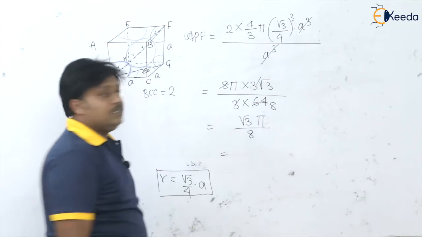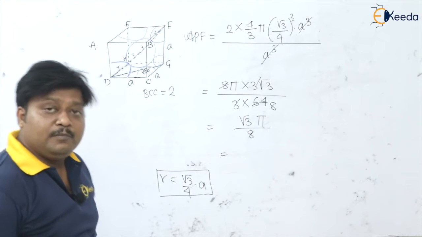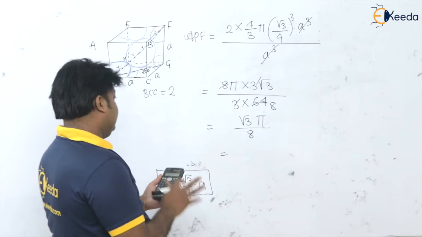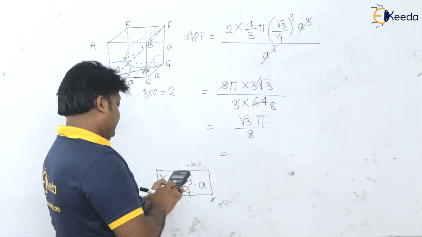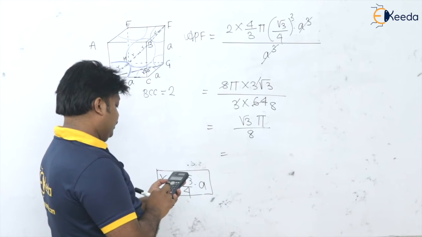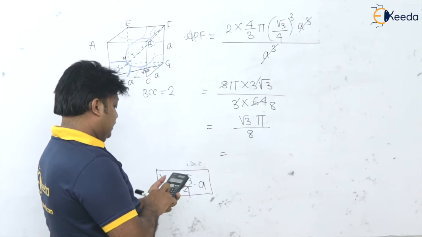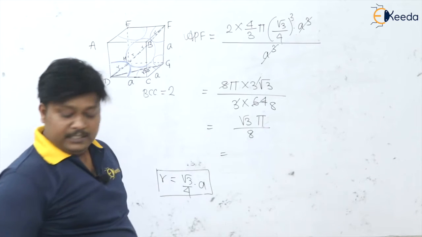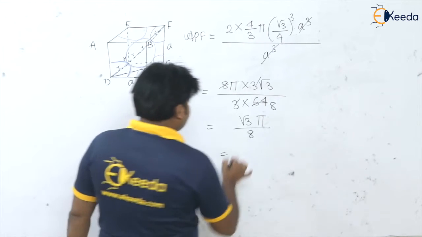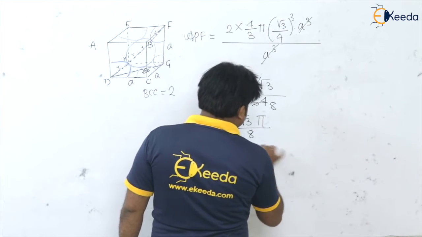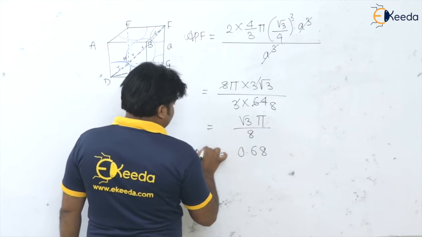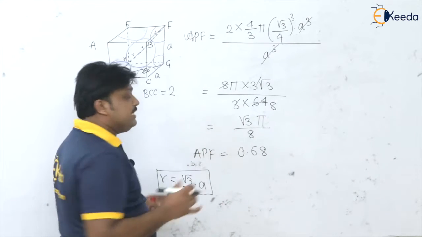So calculate this. You will get the value of the atomic packing factor for body centered cubic. This is root 3 into pi divided by 8. You got here 0.68. 0.68 is the atomic packing factor for body centered cubic. How much did it come?